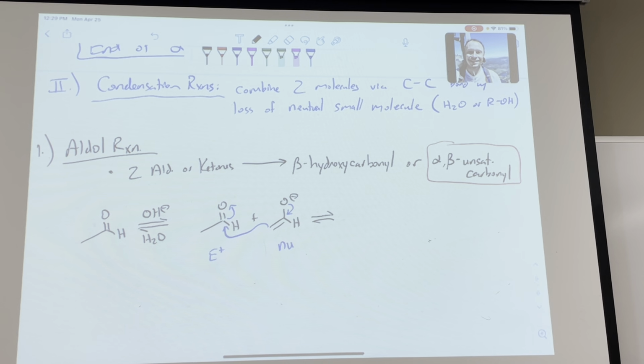When you think about what that's going to look like, maybe I'll color code this. You would end up with something that looks like that, where the alpha carbon of the enolate goes to form a bond with the carbonyl of a neighbor.